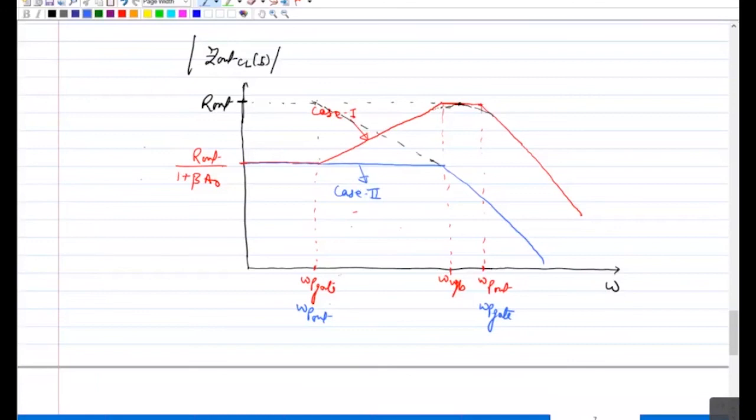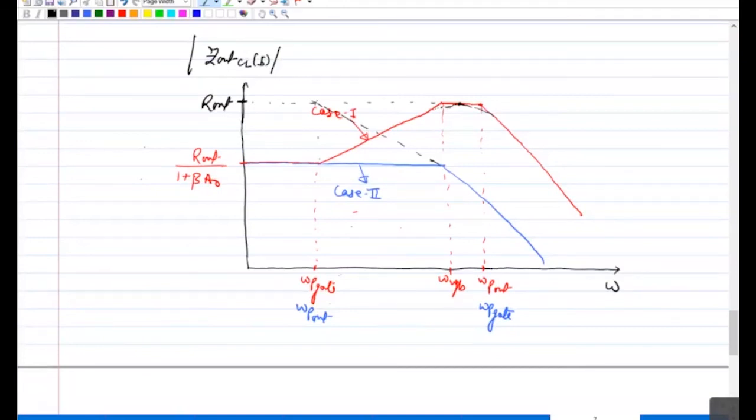If you're designing a regulator, which one do you consider the better response in terms of performance, case 1 or case 2? It's case 2, as R out is inherently lower. Yeah. So for any regulator, when you are designing, you want to keep the output impedance as low as possible throughout the entire range of frequency.